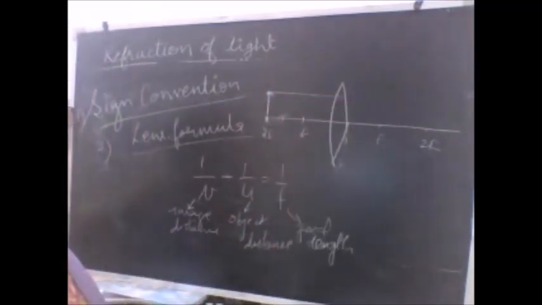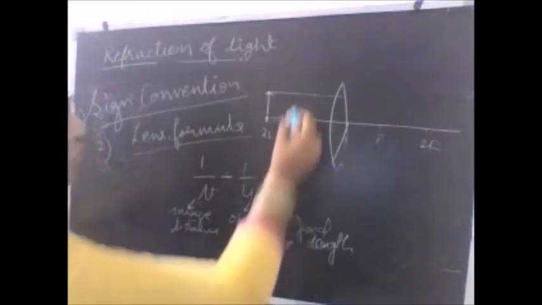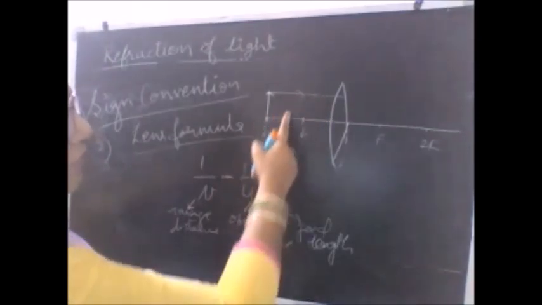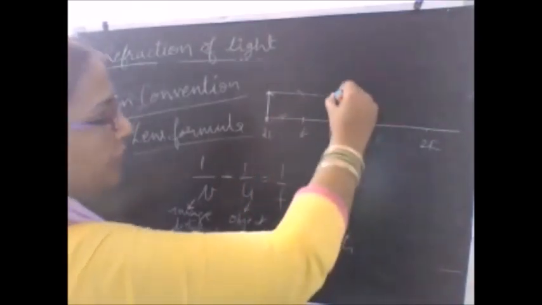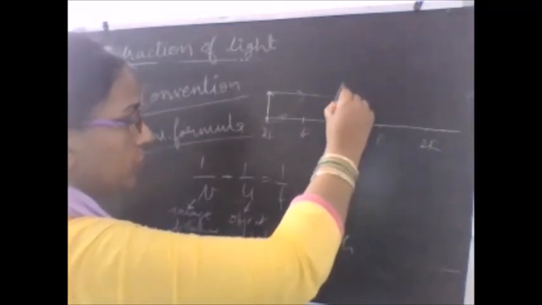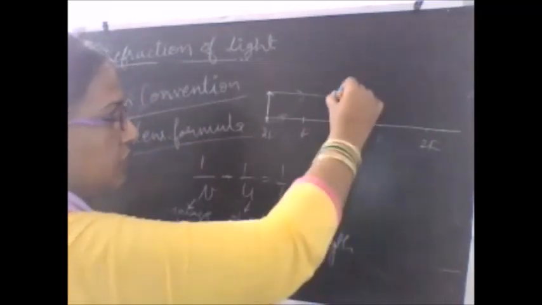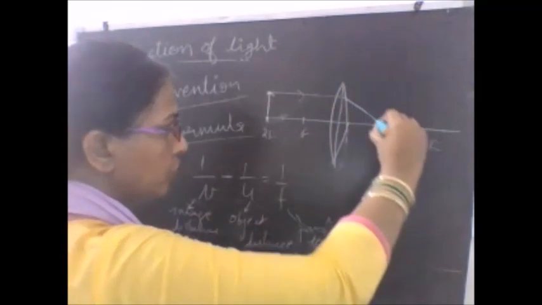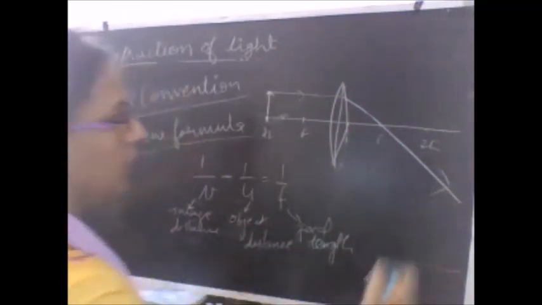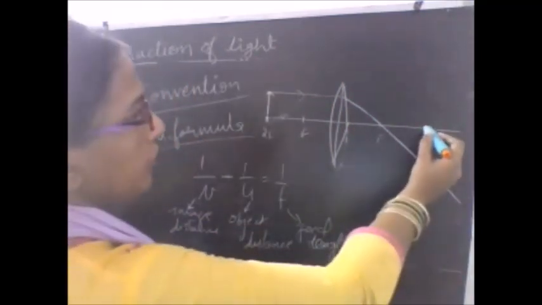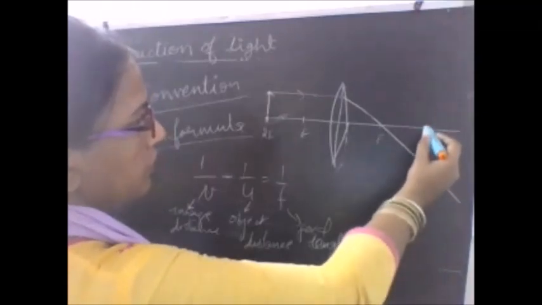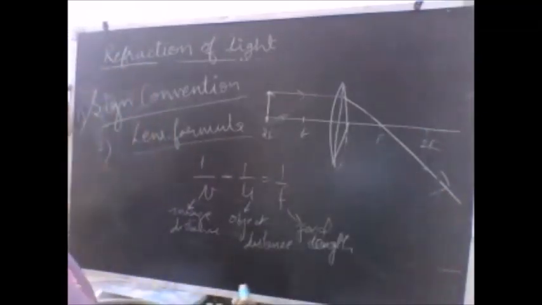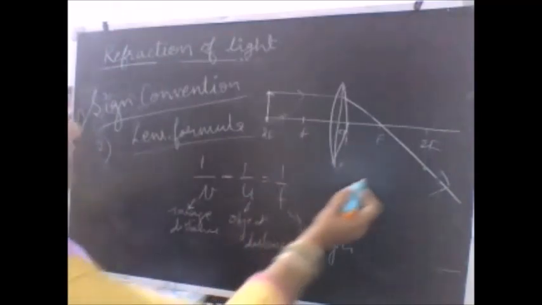We have to complete the ray diagram. For that, the first rule that I am going to use is a light ray parallel to the principal axis. What will happen? It will pass through focus. One rule. And the second rule is, any light ray which is passing through the optical center will pass undeviated.